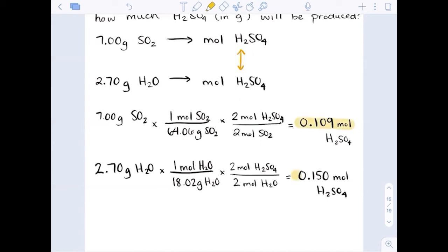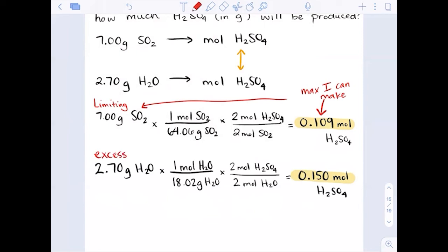Now let's compare these values. I can either make 0.109 moles or 0.150 moles. When looking at this, the smaller is the maximum amount I can make. Why? Because it's limited. It's limited by our SO2. Yes, we have an excess amount of H2O that we can utilize if we had more SO2 gas, but we need to focus on the limiting reactant or the limiting reagent.